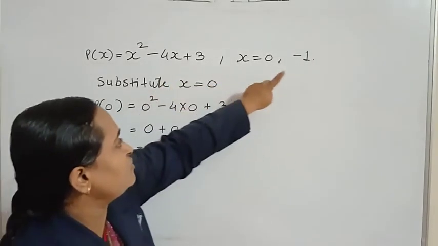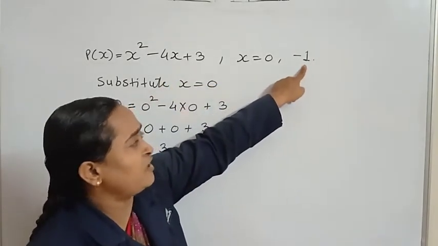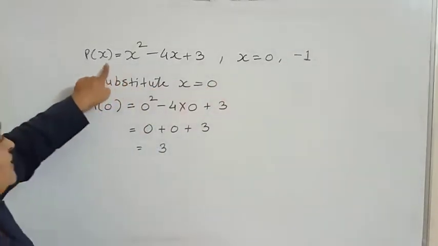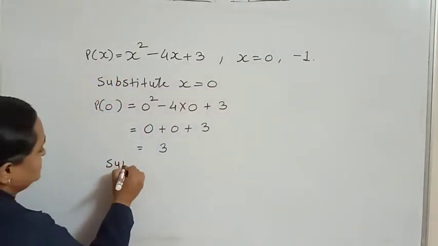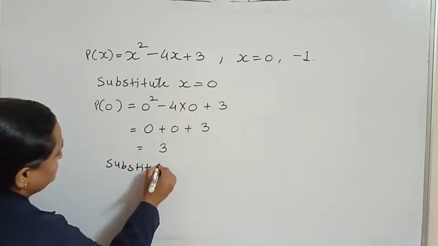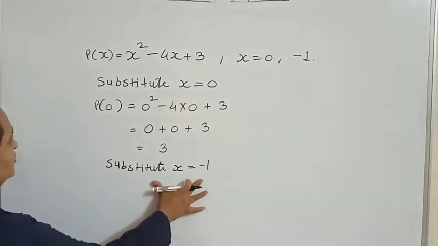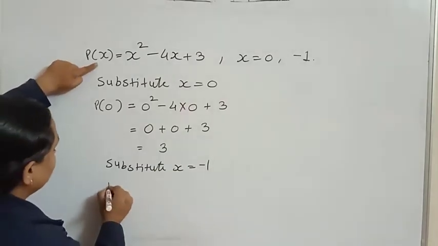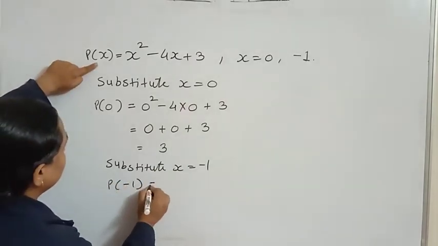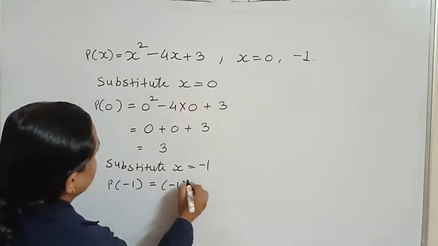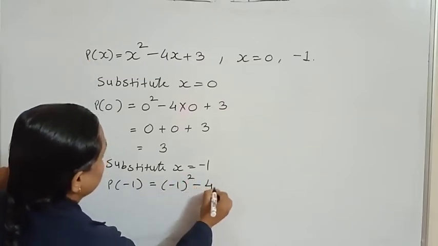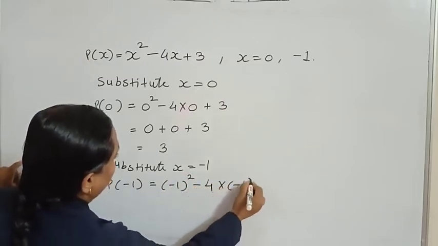Now second, we have to find the value of the polynomial for x is equal to minus 1. Again we will substitute x is equal to minus 1 in the given polynomial. Then p of minus 1 is equal to minus 1 square minus 4 into minus 1.